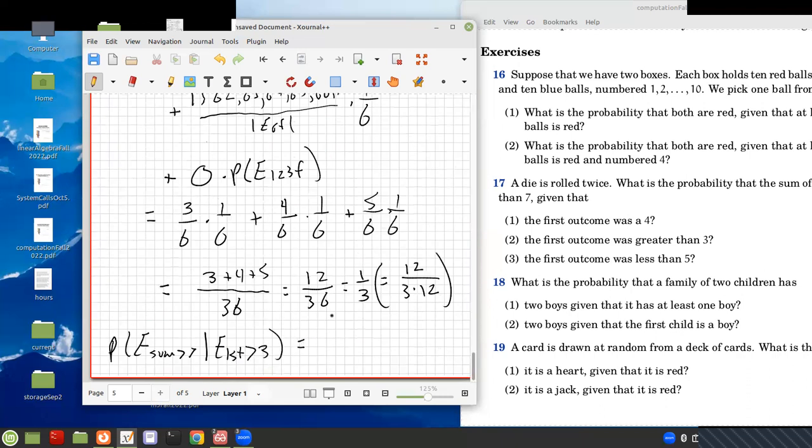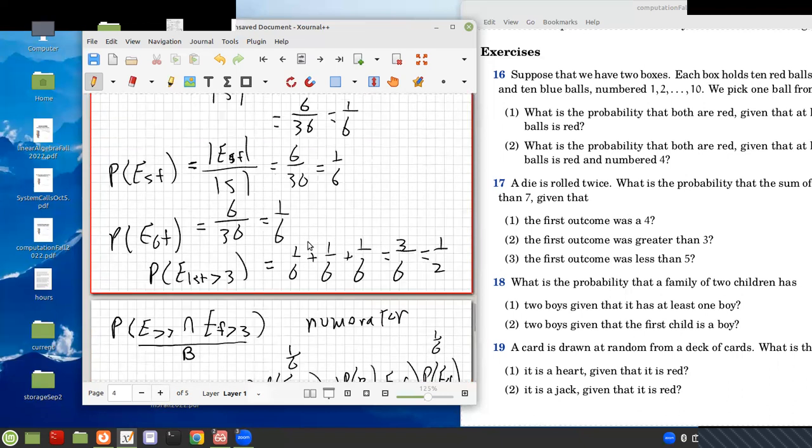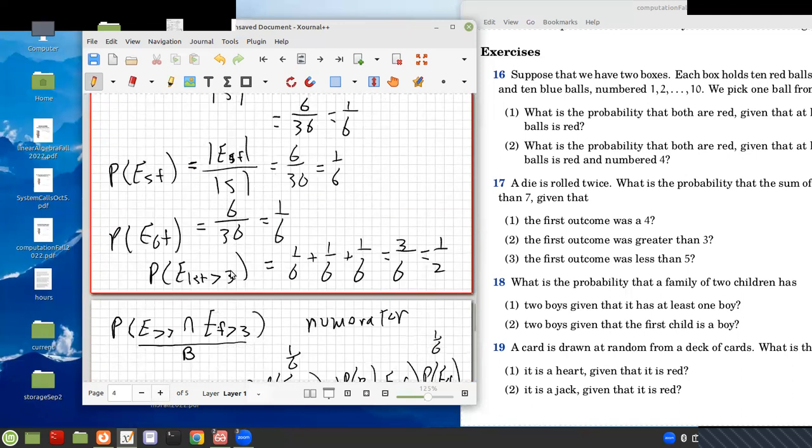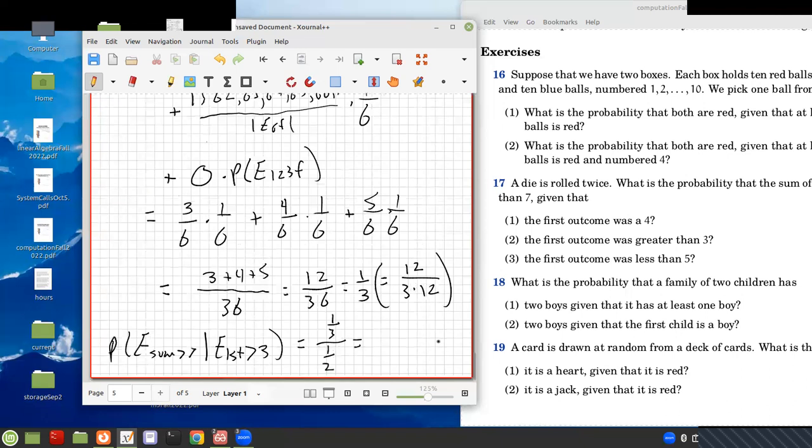It is going to equal 1/3 divided by 1/2, because the numerator is this 1/3 here, the probability of the intersection, and the denominator is the probability that the first is greater than 3, which is 1/2. So that's going to be 1/3 times 2 over 1, which equals 2/3.